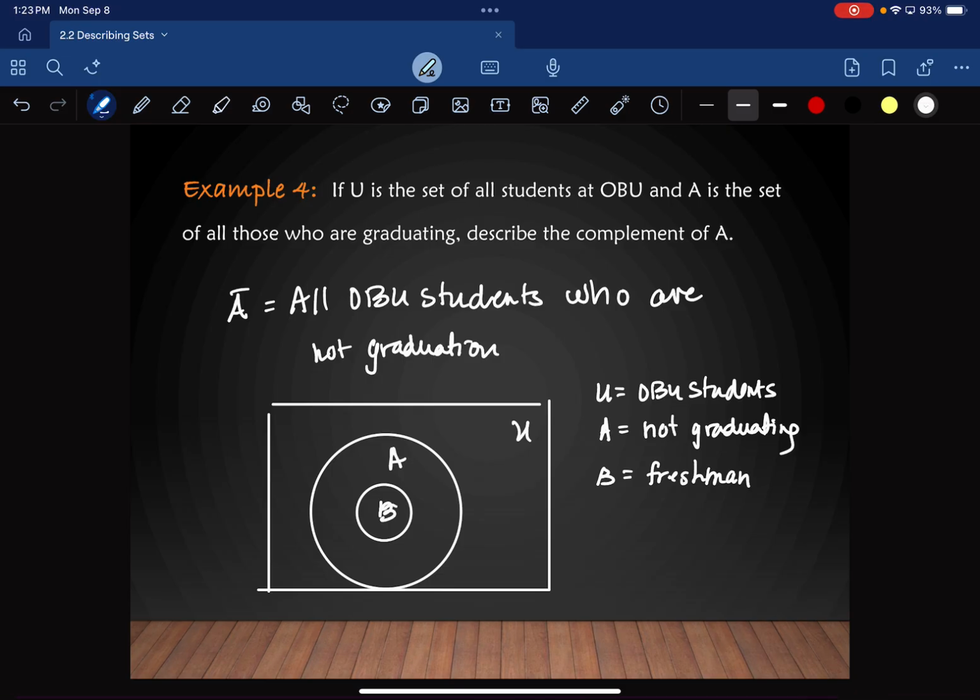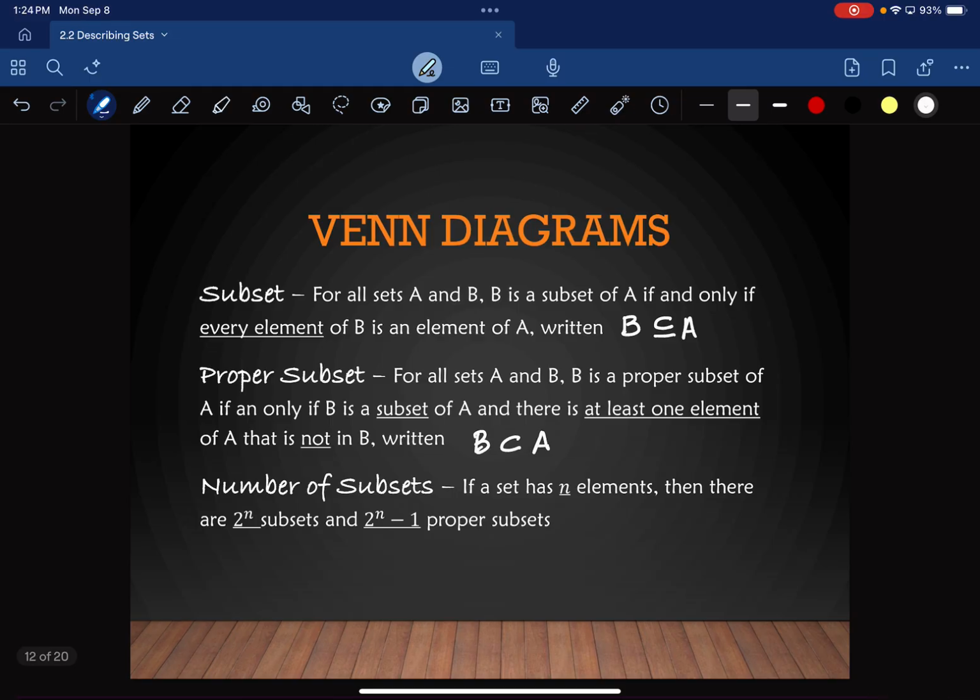Technically, it'd be a subset, because everything in the freshman circle is also in the circle of people that are not graduating, but they're actually just descriptions that mean the same thing. So that's a possibility for subsets. It's not a possibility with proper subsets. Proper subsets means that it really is a smaller thing, a category inside of something a little bit bigger. You cannot have the equals, and therefore you don't see the equal notation underneath it.